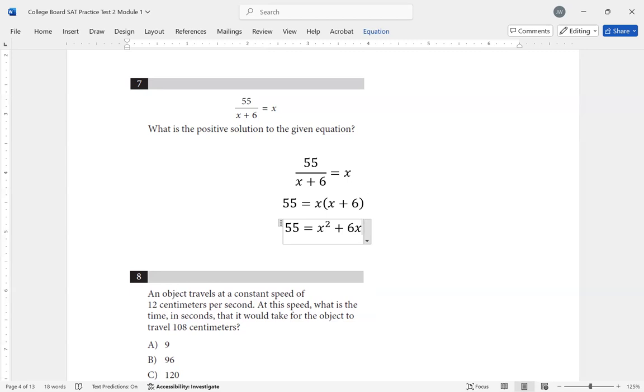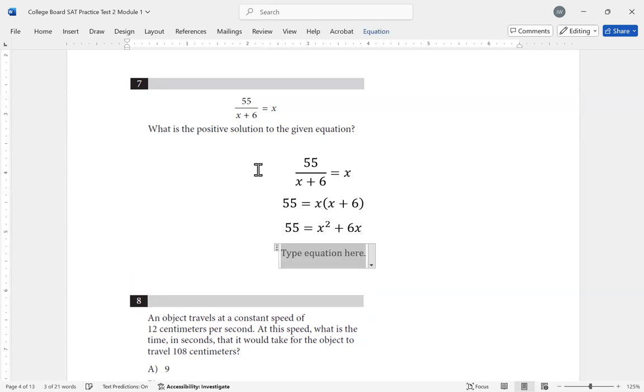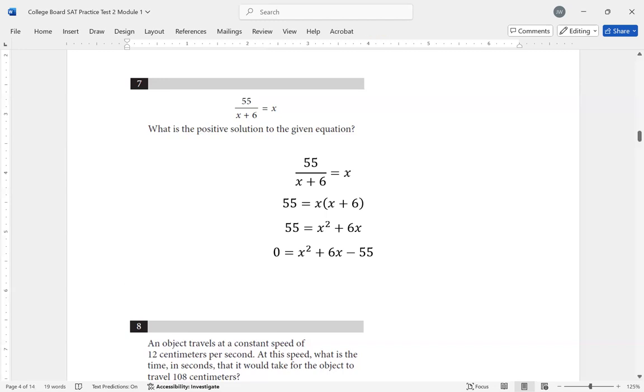Now I can subtract 55 from both sides and get 0 is equal to x squared plus 6x minus 55. Now I did that so that the right-hand side can be factored and the left-hand side set equal to 0. So in this case, I'm going to be looking at factors of negative 55 that add to 6.